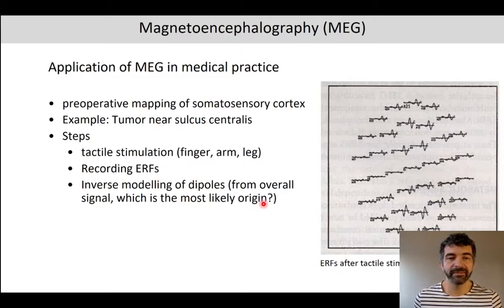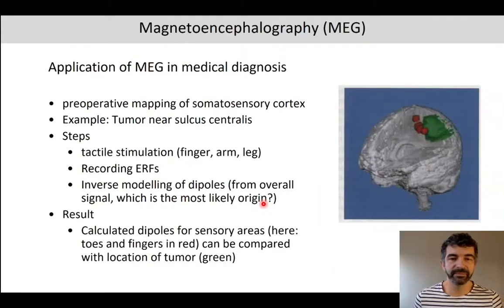And then as a result you can calculate dipoles for these sensory areas, so these red dots here, toes and fingers, and this can be compared to the location of the tumor. And then you try to find those areas where cutting them out would be least affecting the life quality.